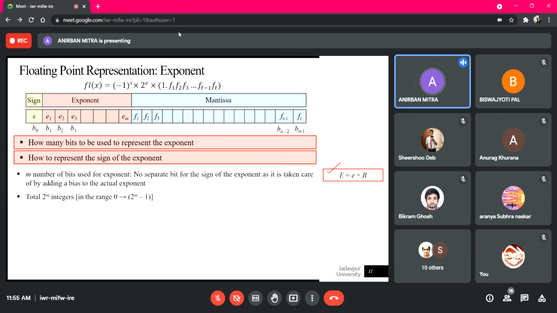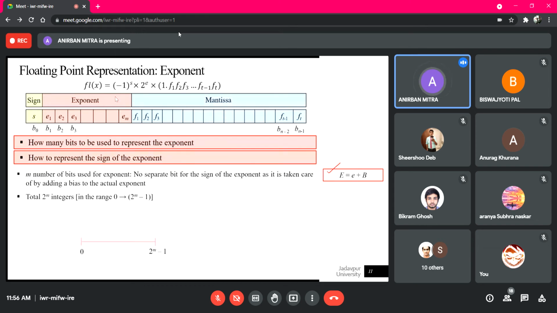And it goes up to 2 to the power m minus 1, that means all the bits would be equal to 1. So that is the total range.